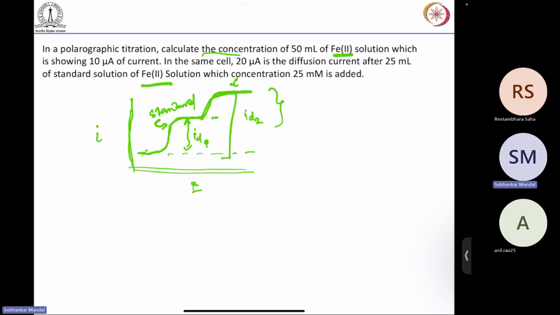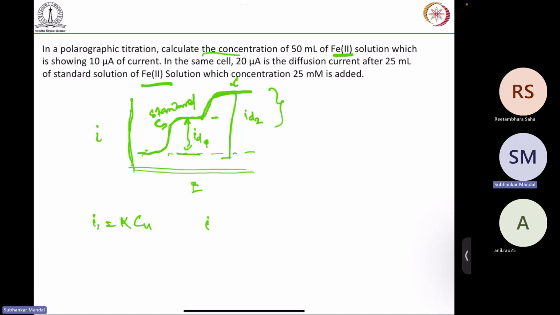So what we have learned is that, suppose for this one, this is I1. We know I1 is equal to K, the diffusion current constant, times C, the unknown concentration.